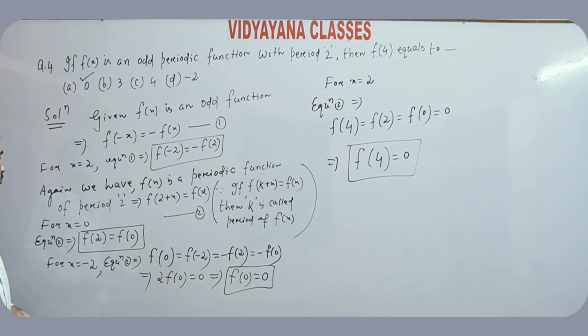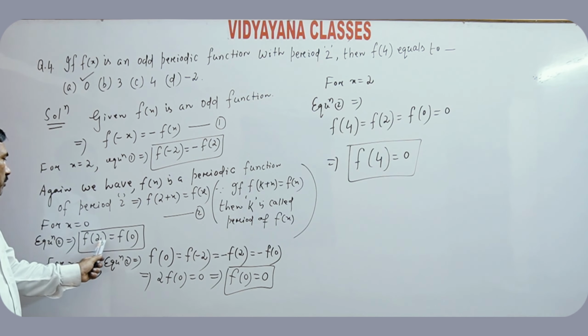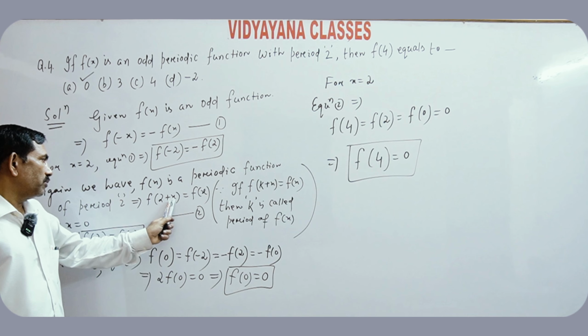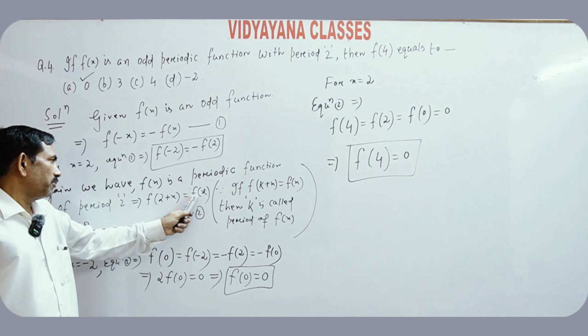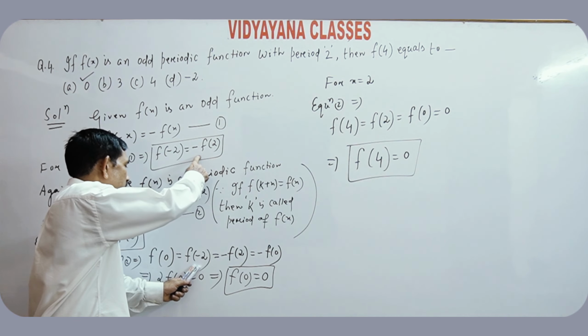It is equation 2. For x equal to 0, f(2) is equal to f(0). For x equal to minus 2, f(0) is equal to f(minus 2). f(minus 2) is equal to minus f(2).